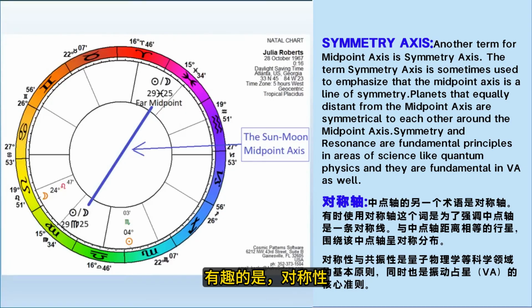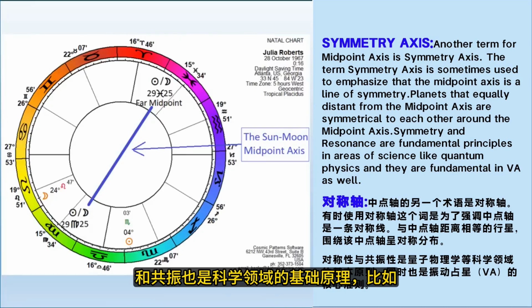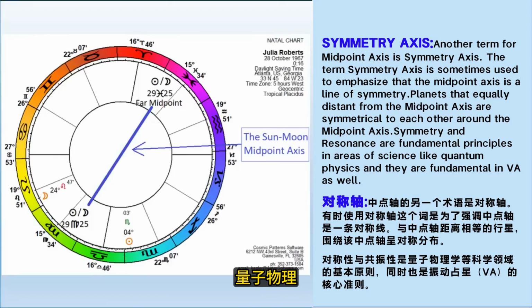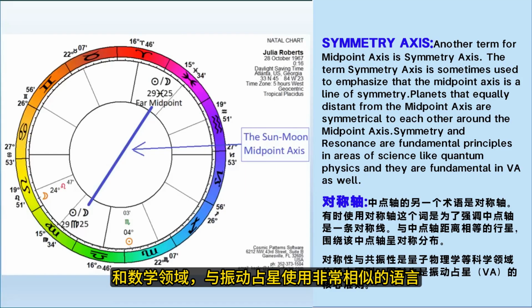Also, what's interesting is that symmetry and resonance are fundamental principles in areas of science, such as quantum physics, and they are fundamental in VA as well. So you often see these similarities between quantum theory or other areas, quantum biology, different areas of science and mathematics, with vibrational astrology, speaking very similar language.